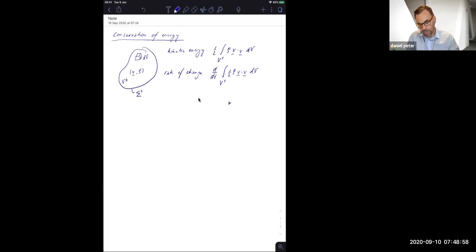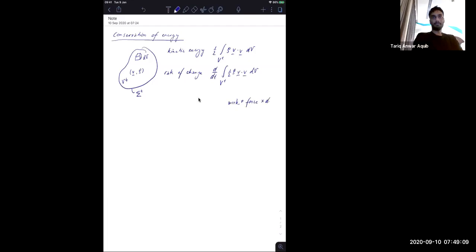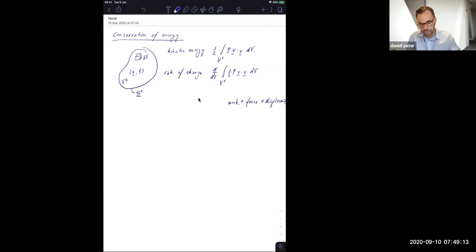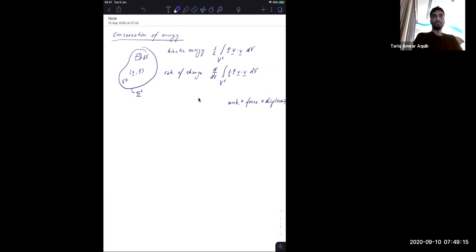So work, classic physics, is force times displacement. So that would be a classical definition of work.